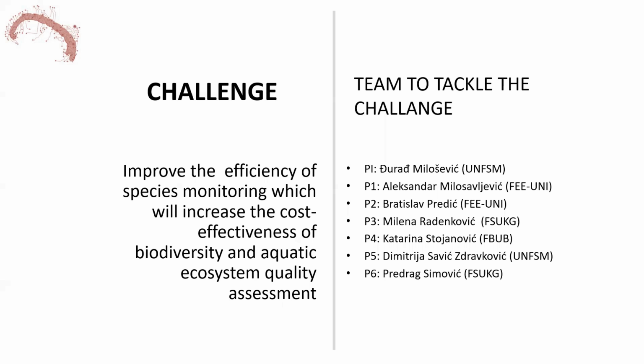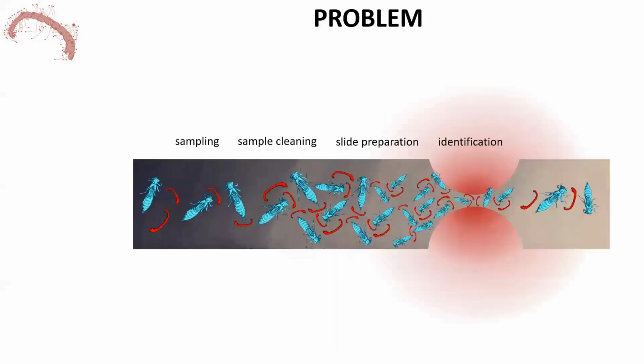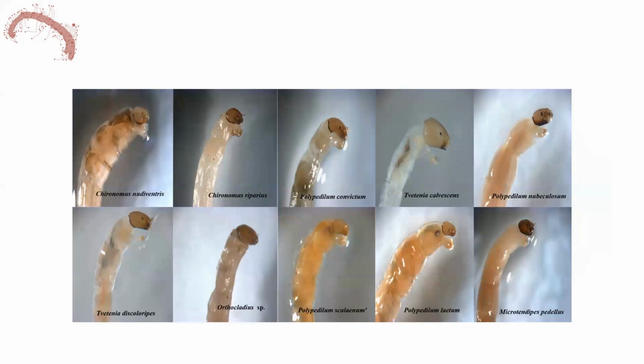However, let's talk about the problem regarding this challenge. So we found the main problem in the routine monitoring programs, the identification of species, because this process is slow, it's really time consuming, and it almost always requires expertise, which is unfortunately missing, especially for some species groups, such as chironomids.